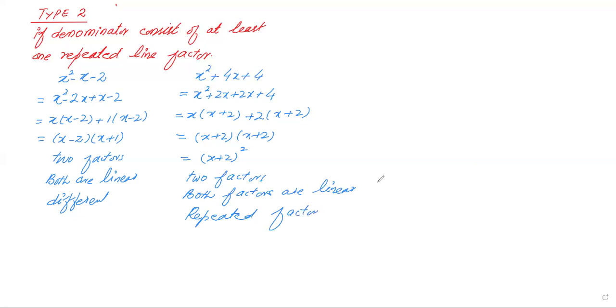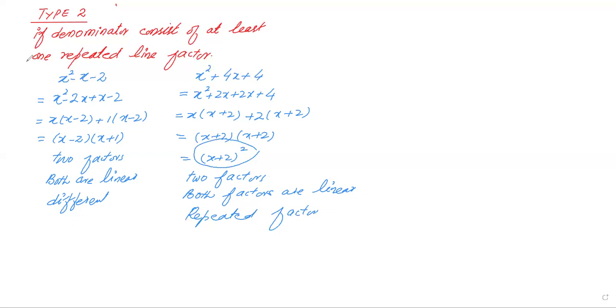If the denominator consists of at least one repeated factor, how will you judge it? You have the whole square, the whole cube, the whole raised to power 4. All these terms are said to be repeated factors.